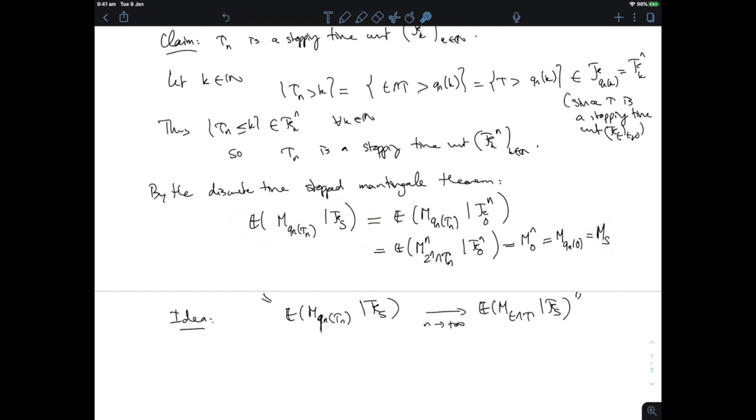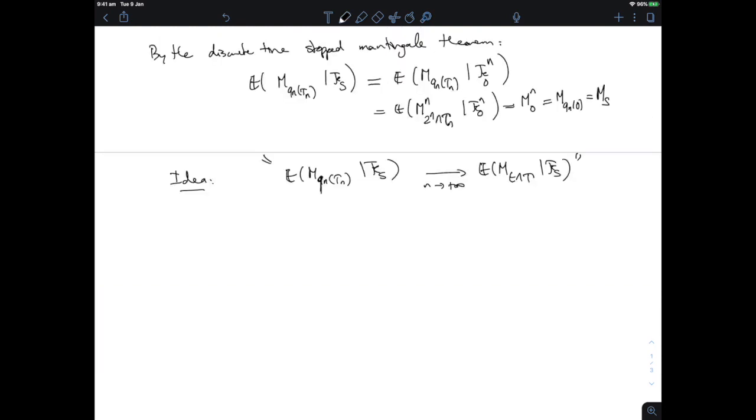Let's see how this approximation works now. So I claim that convergence in L1 will be enough to get our result. Now let's see why that is. First of all, let's remark that we really don't have to do much work to get the result when tau is smaller than s, because if tau happens to be smaller than s, I'm looking at m of t minimum tau minus m of s minimum tau, and I'm conditioning on F_s.